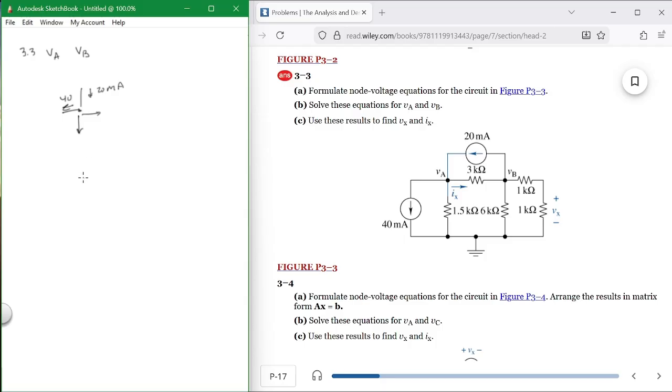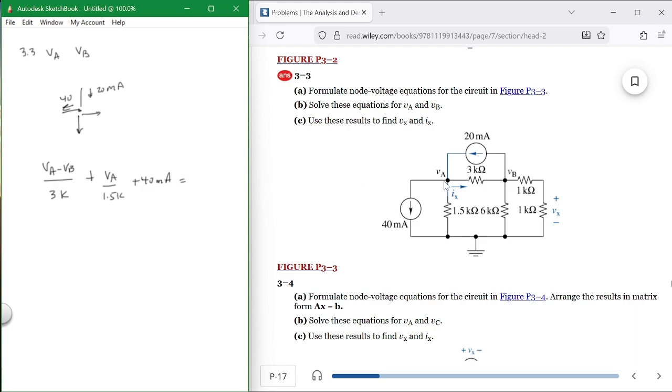At VA, well, the current going to the right is VA minus VB over 3K. So that's the current going to the right. The current going down is VA over 1.5K. And the current going this way is plus 40 milliamps.